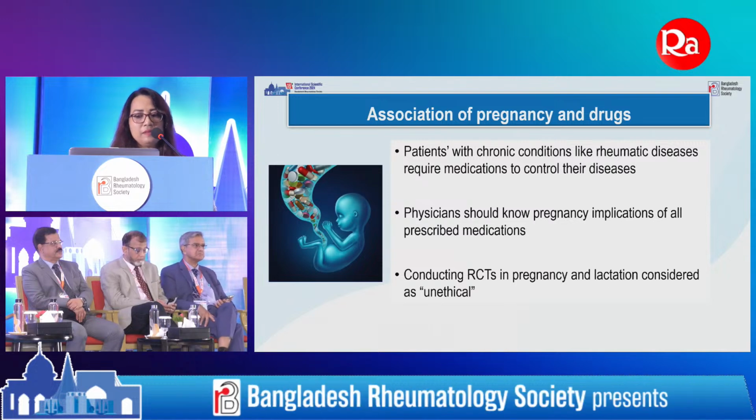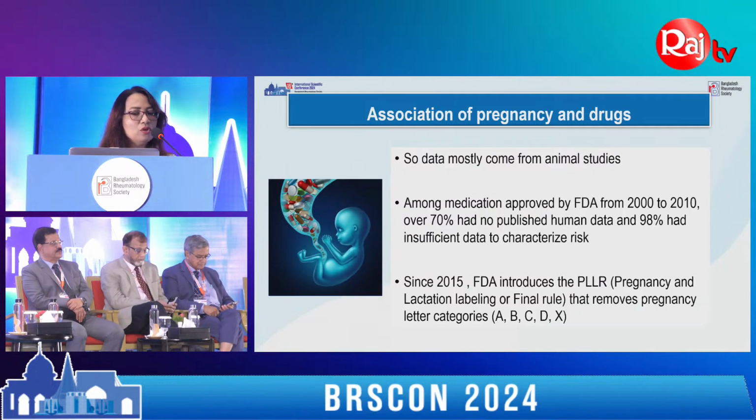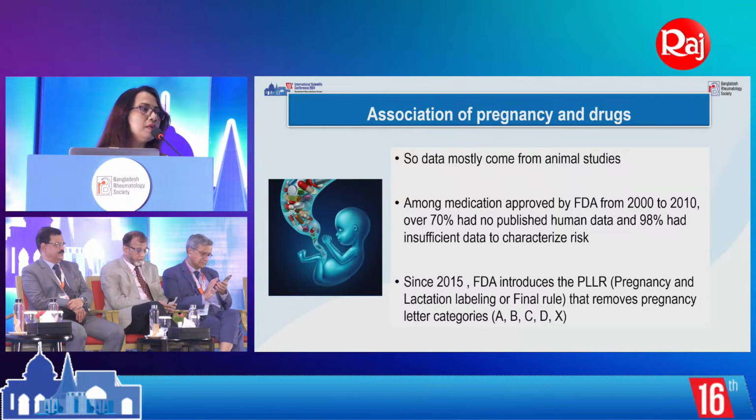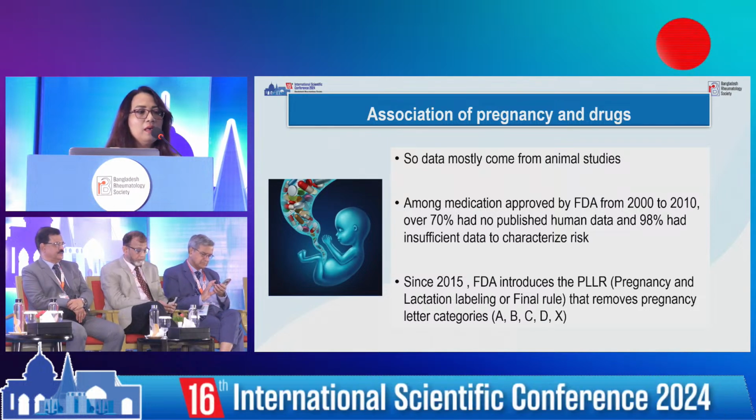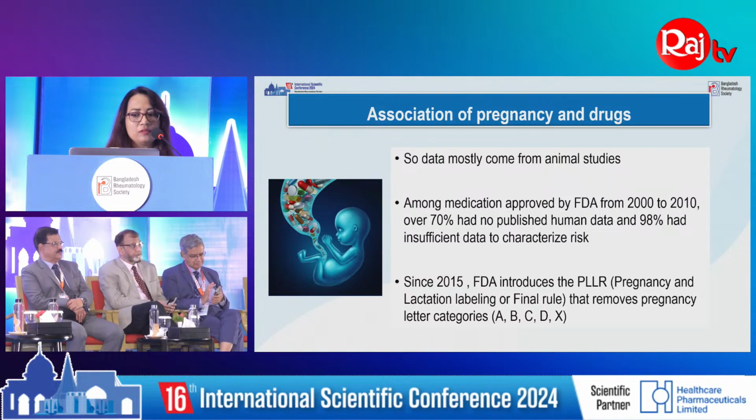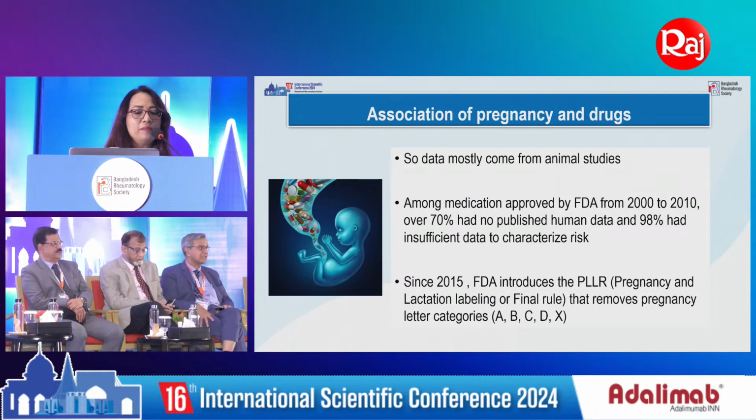Conducting RCTs in pregnancy and lactation is considered unethical. So the data mostly come from animal studies. Among medications approved by FDA from 2000 to 2010, over 70% had no published human data and 98% had insufficient data to characterize the risk.